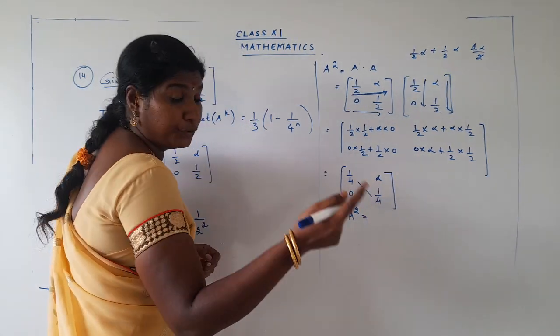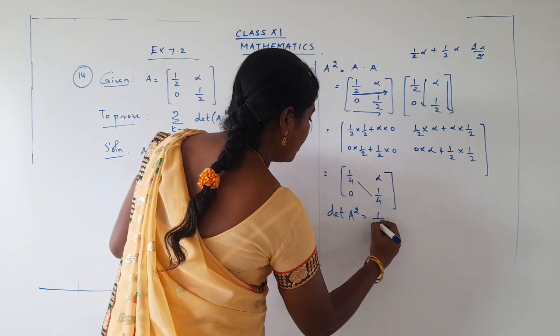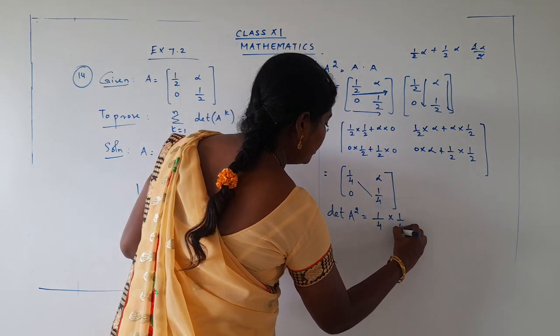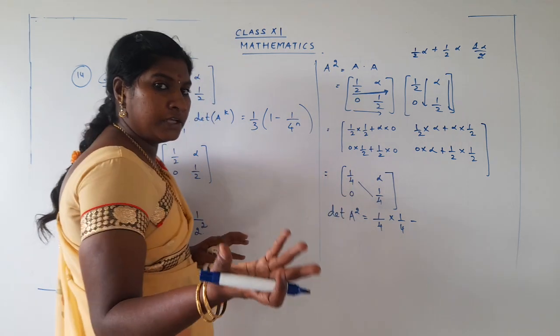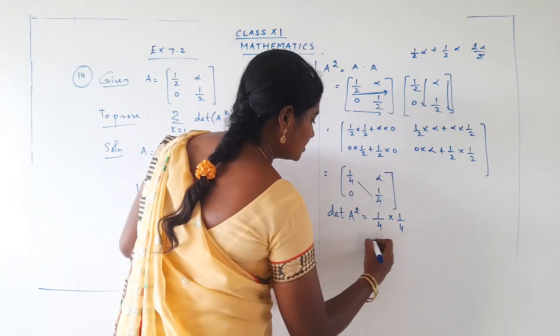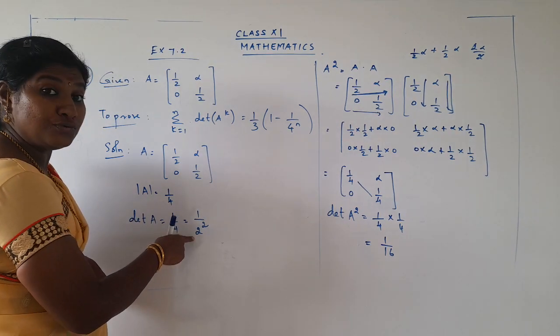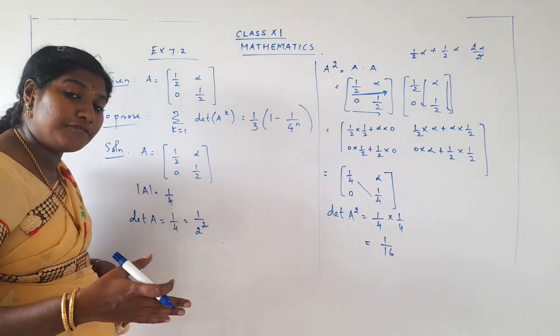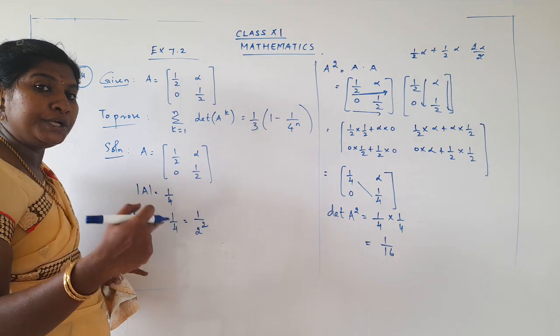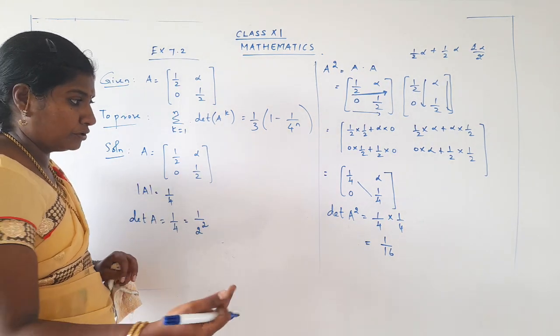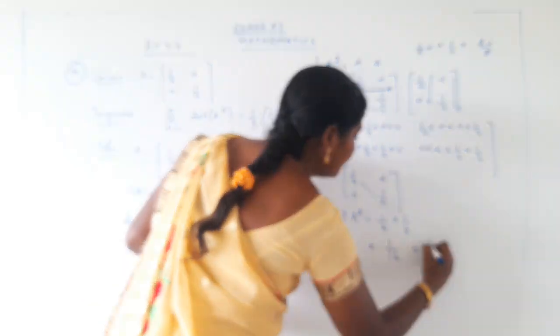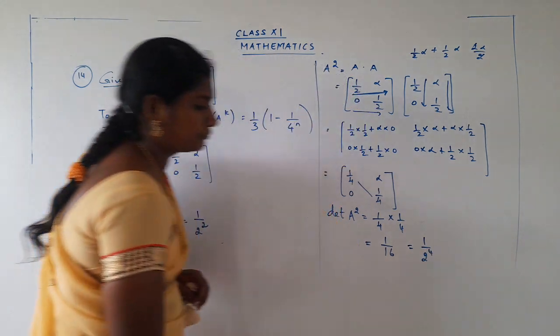1 upon 4 into 1 upon 4. 0 into alpha will give you 0, so nothing will come here. So this is equal to 1 upon 16. We have written 1 upon 4 as 2 square. So how can you write 16 in the form of 2 power? It will be 2 into 2 into 2 into 2. So we get the answer as 1 upon 2 raised to 4.